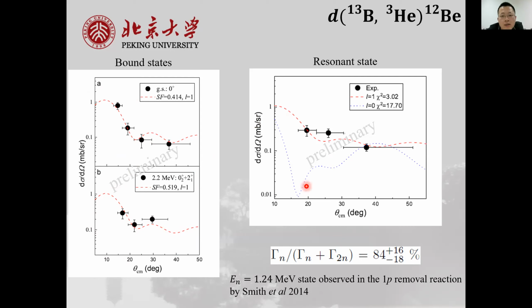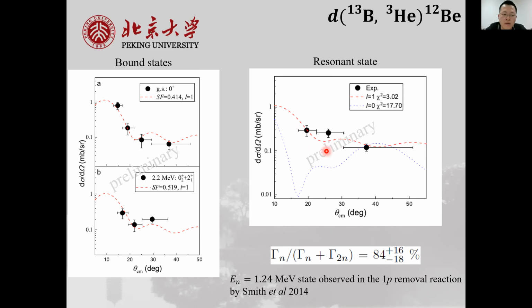And for the resonance state, the differential cross section is in this figure. The red dashed line and the blue dotted line represent the theoretical curves for the proton transfer with L equal 1 and L equal 0. The curve for L equal 1, the red one, can well reproduce the experimental data.